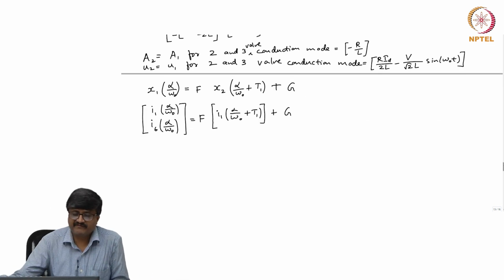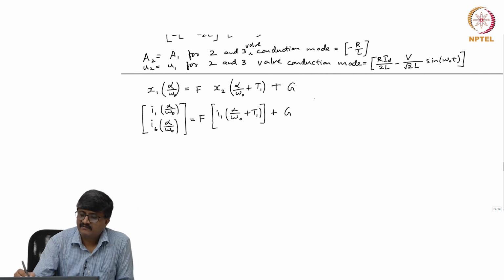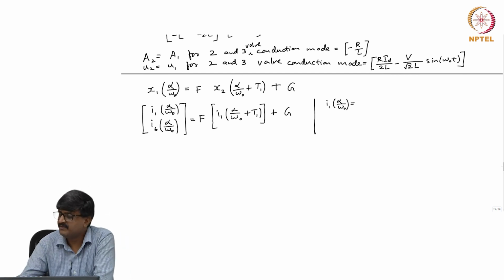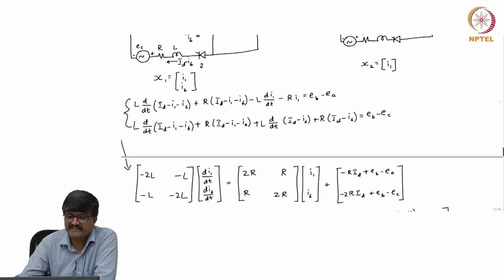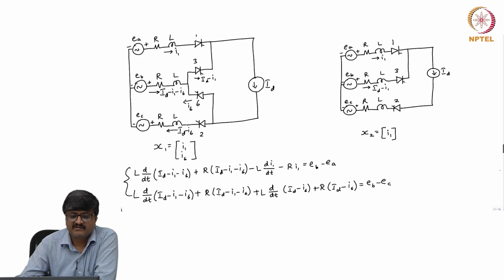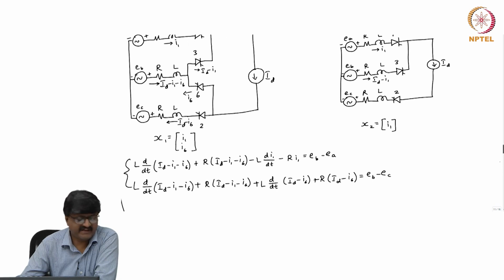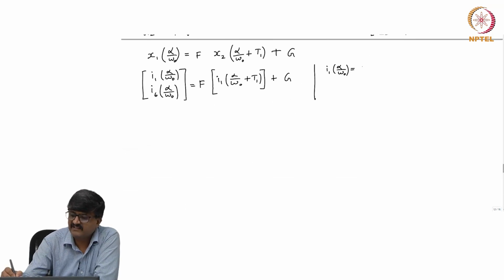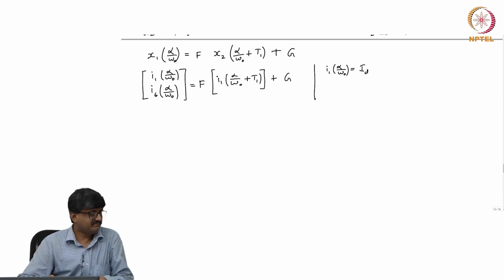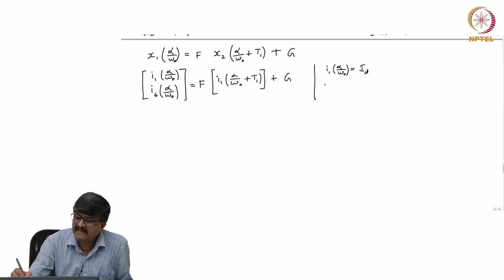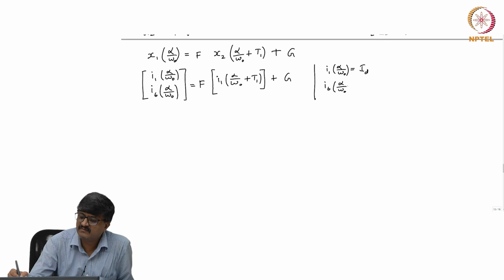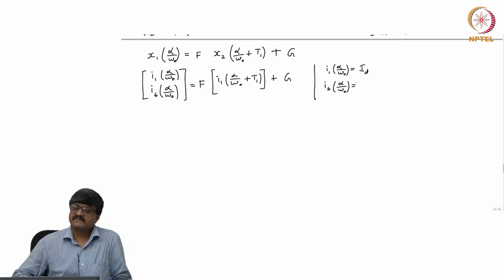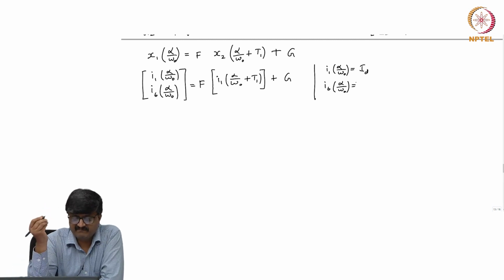Now, there are a few things that we know. What is I1 at alpha by omega o? Say at alpha by omega o 3 starts conducting. So, at alpha by omega o I1 is nothing but I d. Now, if I take I6 at alpha by omega o, I can relate I6 and I1.